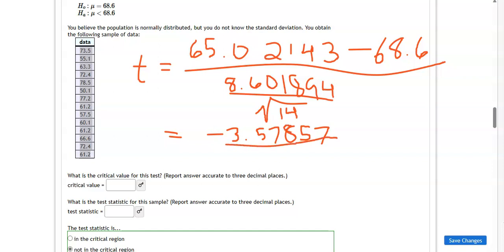And then let's do the bottom of the fraction. 8.60189 divided by the square root of 14 ends up being 2.295.